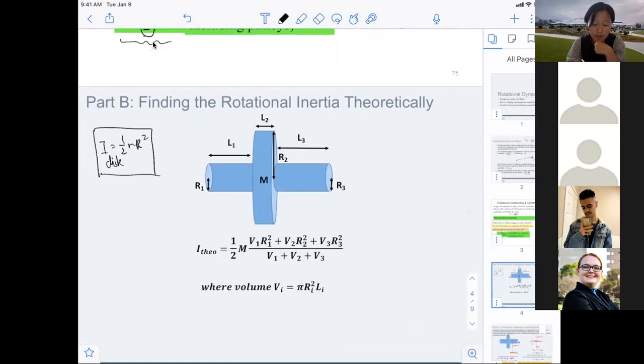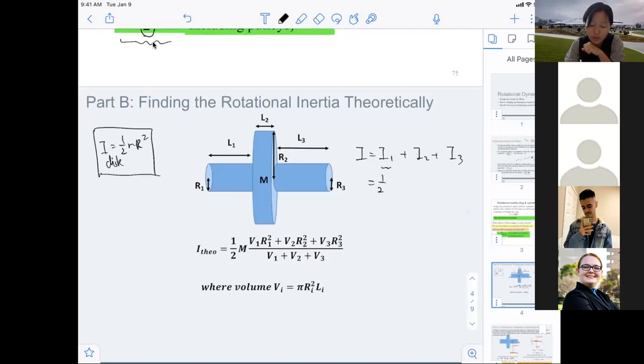Theoretically, you have 3 different wheels, which means the rotational inertia for this entire object is object 1 plus object 2 plus object 3. Because this is really just a scalar, like if you wanted to add up the masses, right? You would say mass 1 plus mass 2 plus mass 3. Each of the parts is a disk.